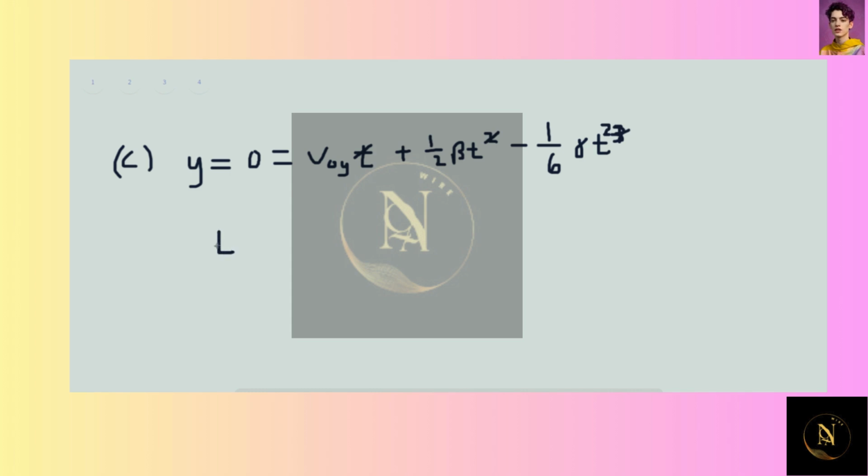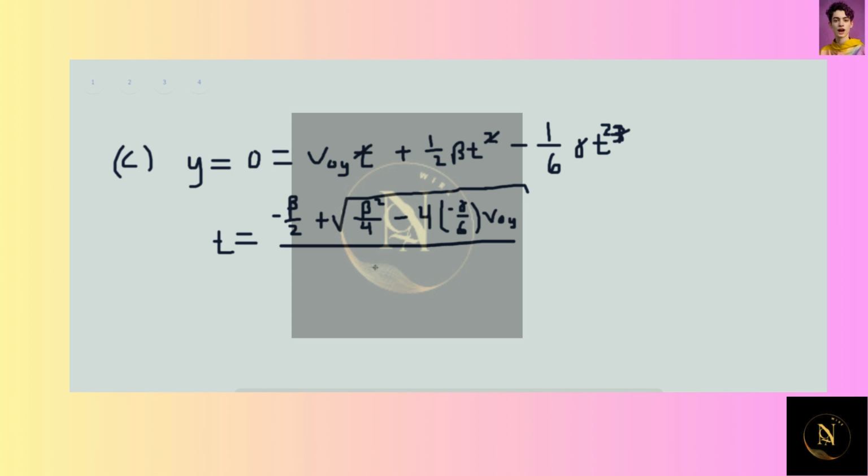Now, using the quadratic equation, we have time is equal to, and again we only want to consider the positive time, negative beta over 2 plus the square root of beta squared divided by 4, minus 4 multiplied by negative gamma over 6 multiplied by v naught y, and this is all divided by 2 times negative gamma over 6, or negative gamma over 3.